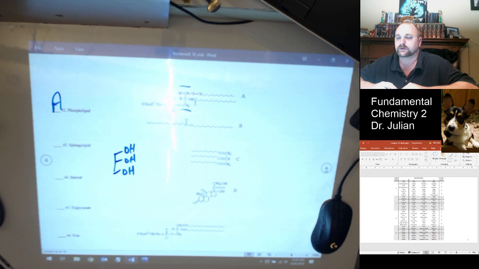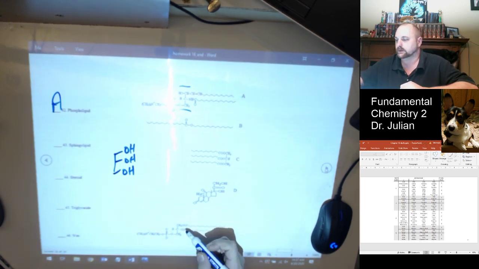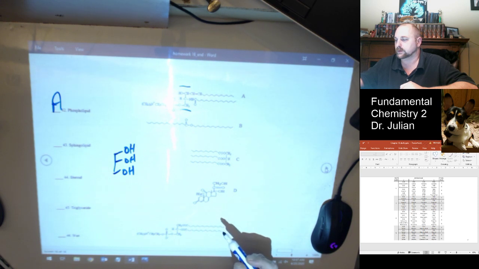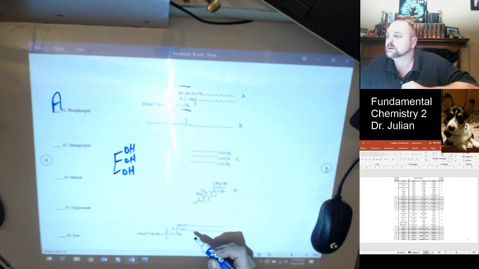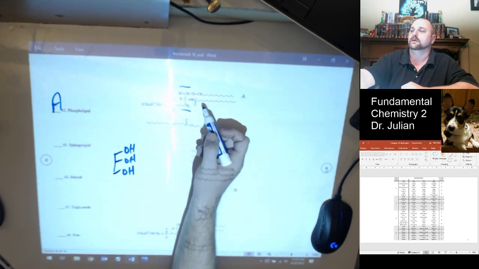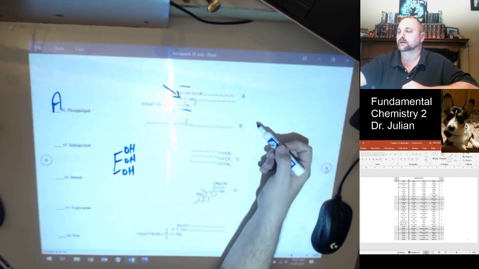If it has phosphorus without that structure, for instance, when we go to this one, notice here, it doesn't have that glyceride.